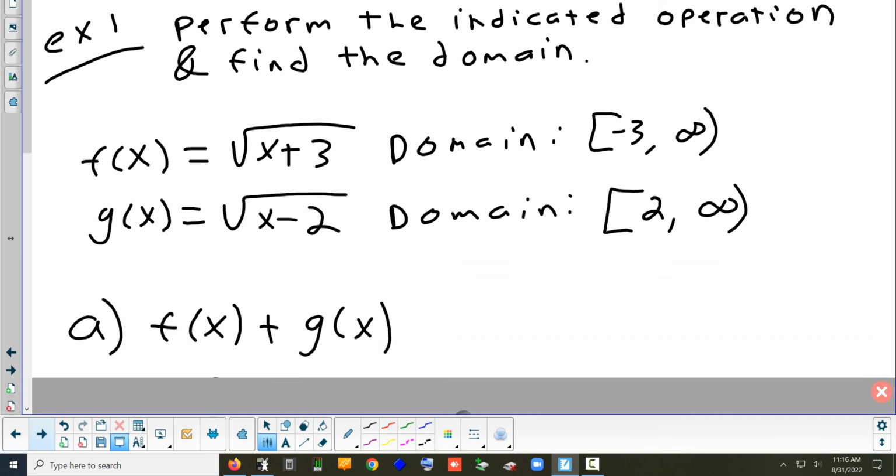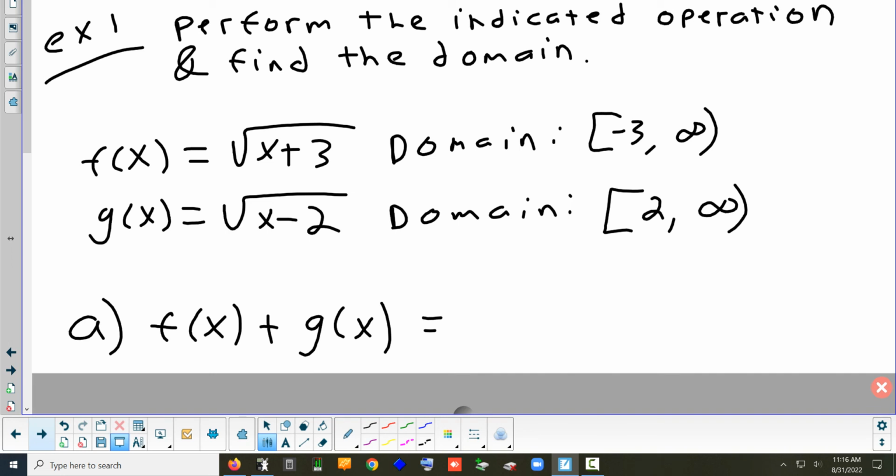All right, let's combine these with addition. What would be the formula for f of x plus g of x? Yeah, the new expression when I add those together.